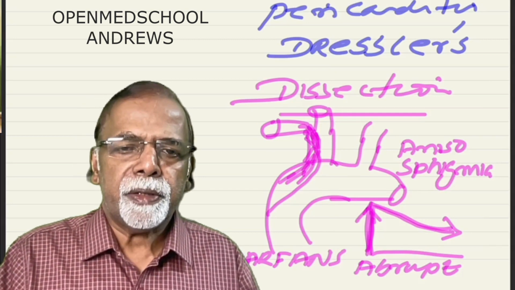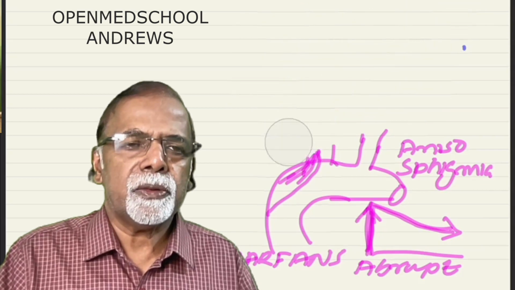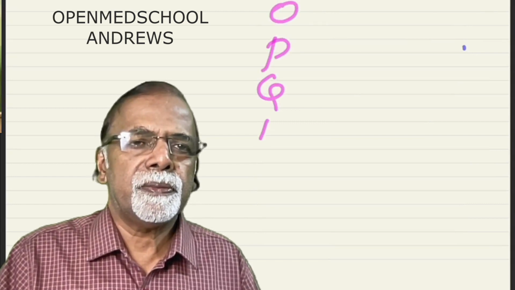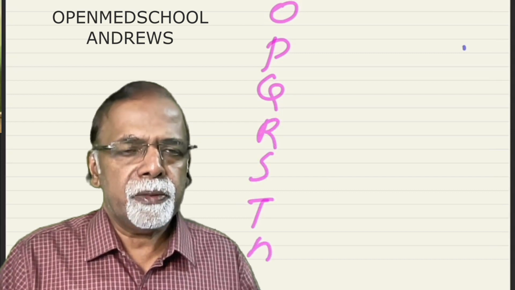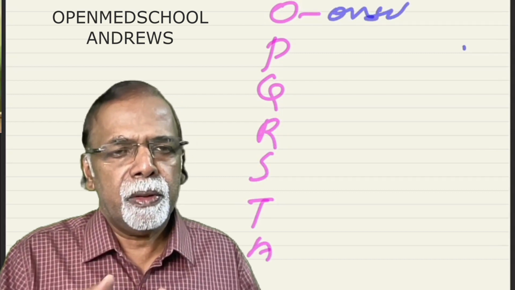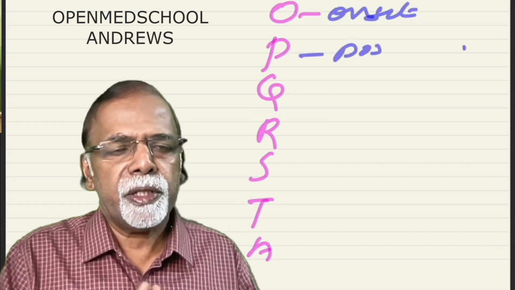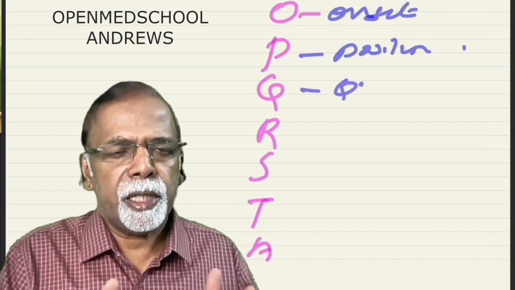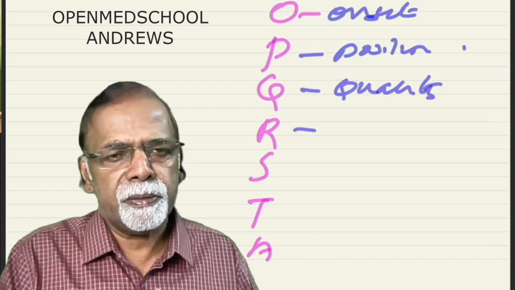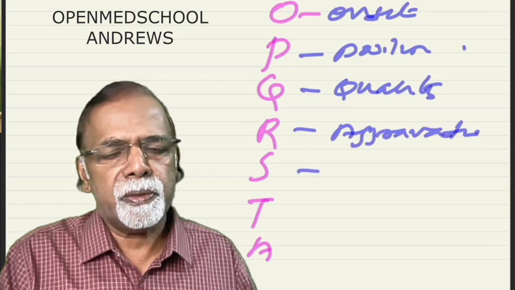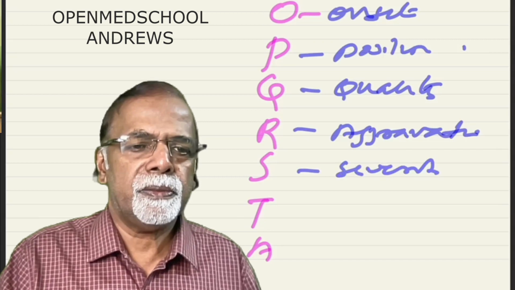So when you get a chest pain, you think in terms of OPQRSTA. O stands for the onset, P stands for the position of the pain, Q stands for the quality, R stands for aggravating and relieving factors, S stands for the severity of the pain, T the time, how long it lasted, what happened later, and A stands for the associated symptoms.